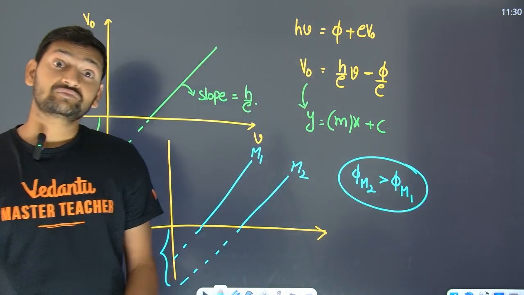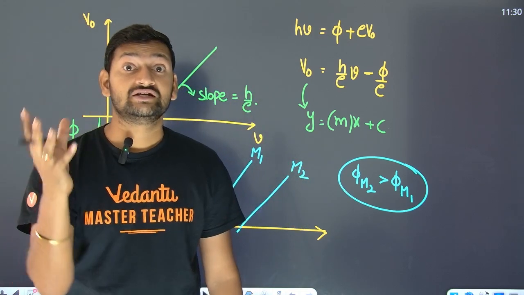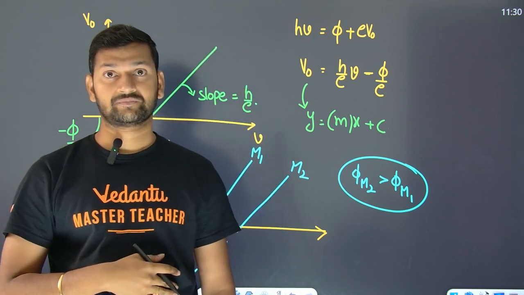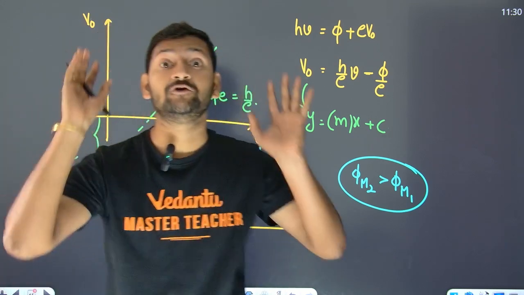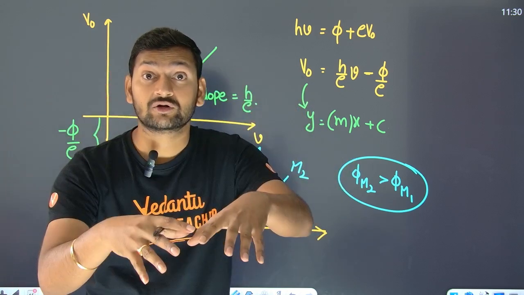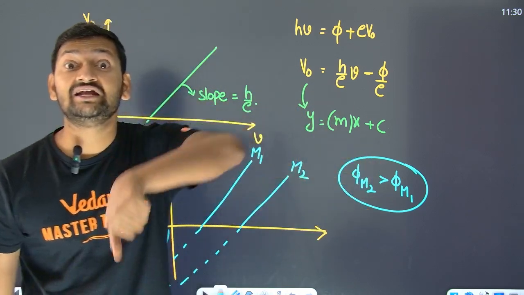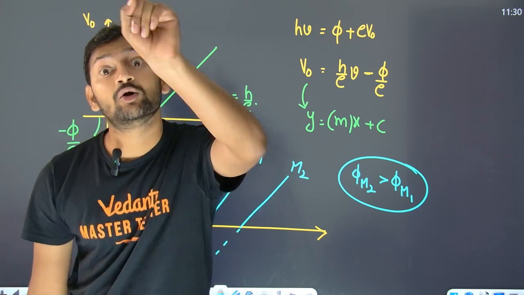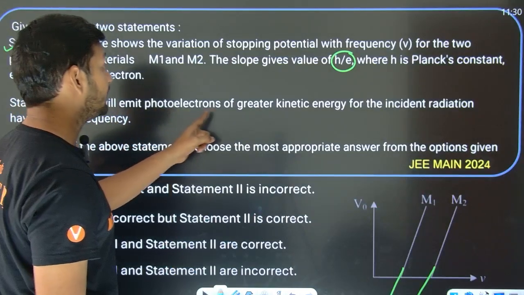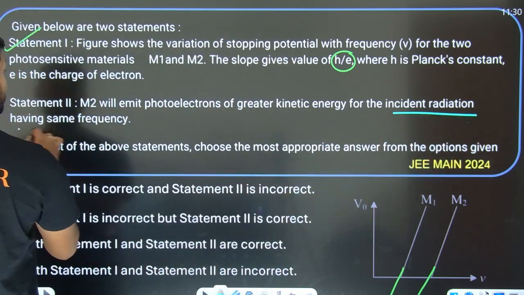That means if you send same frequency photons, that means same energy photons, onto both the metals, as work function is more for M2, less kinetic energy will be there for the electrons coming out of M2. But what did the statement say? M2 will emit photoelectrons of greater kinetic energy for the incident radiation having same frequency.